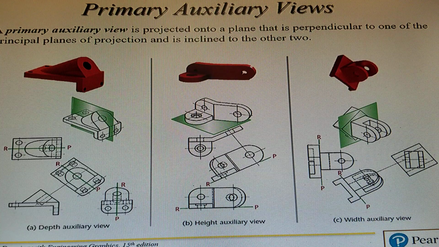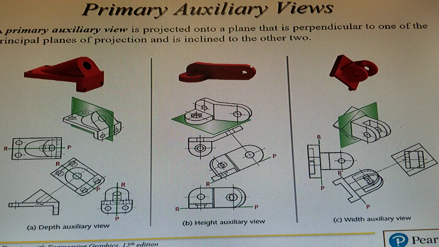B, height auxiliary view, is basically the same thing. You're coming with your line RP at the bottom there in the front view, going up to the top view, and you're projecting back down for your line RP to get that true size surface on the right-hand side. The part on the left-hand side is not true size and shape. C, okay, that's the width.